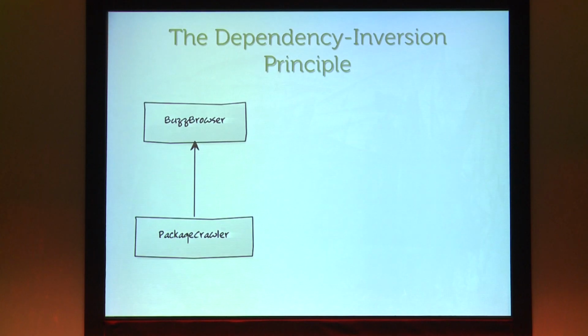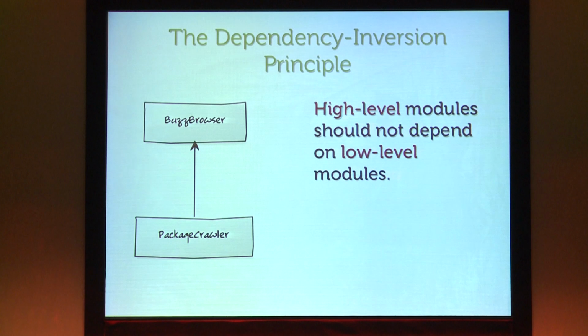What we did initially was this: package crawler directly depends on the Buzz browser. And the dependency inversion principle says a few things. First is that high-level modules should not depend on low-level modules. Our package crawler is a high-level module.